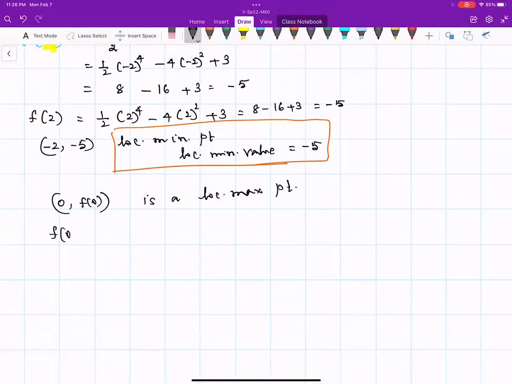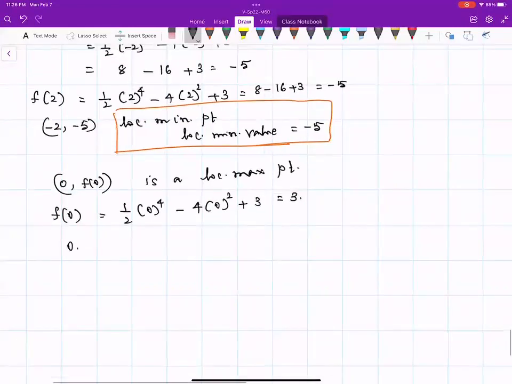What is f at 0? It is 1/2 x to the power 4, which is 0 to the power 4, minus 4 times 0 squared plus 3, which is equal to 3. So 0, 3 is the local maximum point, and the local maximum value is nothing but the y coordinate, which is 3.